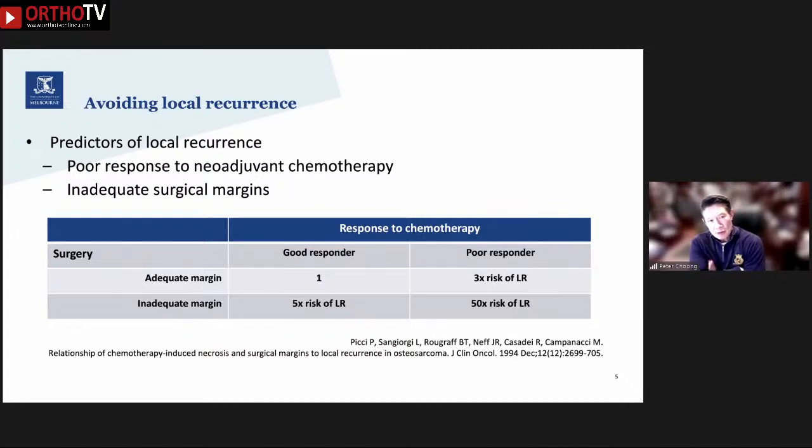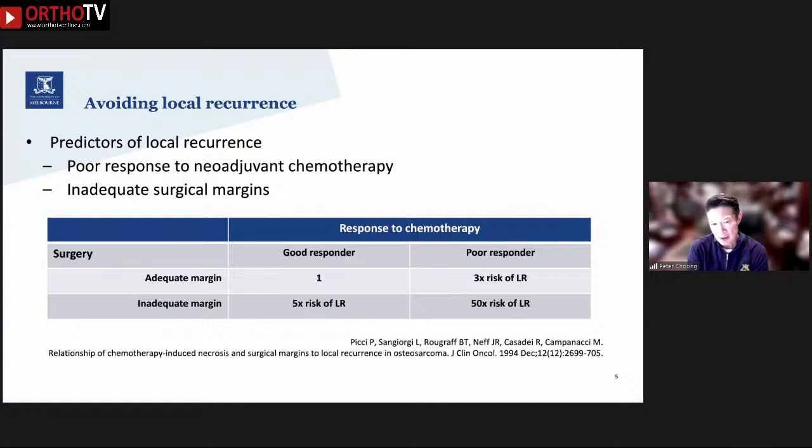In managing local recurrence, I think avoiding it in the first instance, and I would like to reflect on this particular paper by Piero Picci, published in JCO 1994 when I was at Mayo. And it has stuck to me ever since, because I think this is one of the most important papers around. It predicts that recurrence is related to response to neoadjuvant chemotherapy as well as the adequacy of margins.